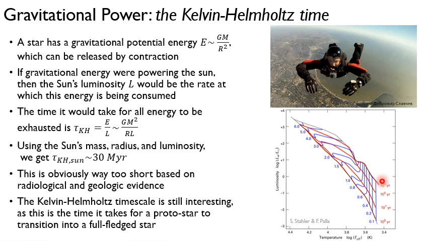On this diagram on the right, you don't really need to know exactly what it means, but you basically have the luminosity of a star versus the temperature, on something like a Hertzsprung-Russell diagram. Each of these lines follows the contraction of a given protostar, and there are time scales here. You can see this is our Kelvin-Helmholtz time, roughly millions of years.